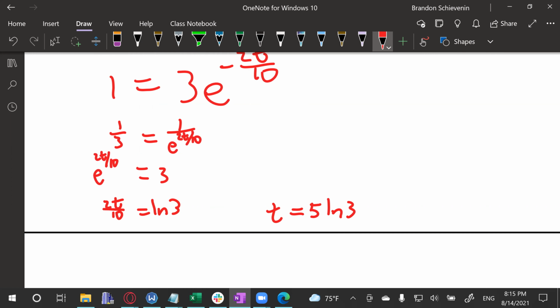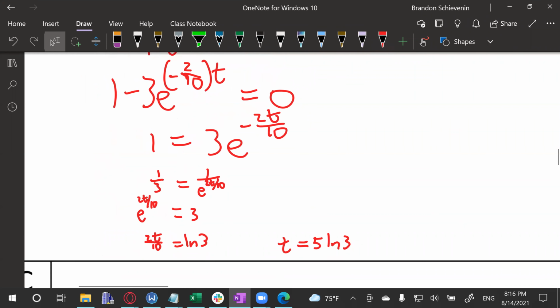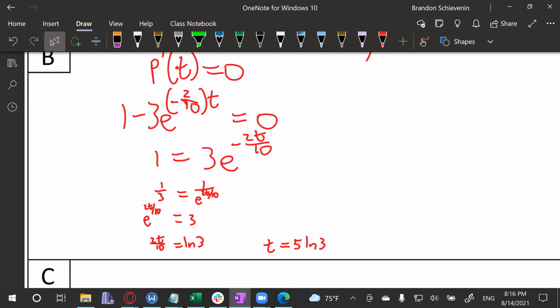Okay, so I've got 5 ln 3. Double check really quick. We added this over to the other side, divided by 3, cross multiplied, took natural log of both sides over 10. Okay, multiplied by 10, divided by 2 should be fine.